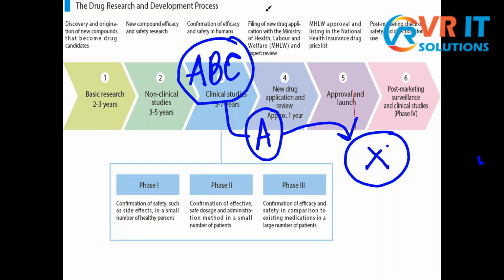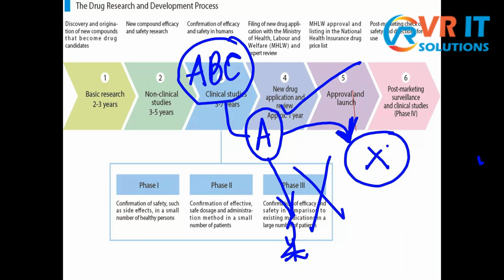Can they directly give this to human beings for consumption? No, because it would be illegal, as this drug has not been tested. Any new treatment released into the market must be tested on human beings.